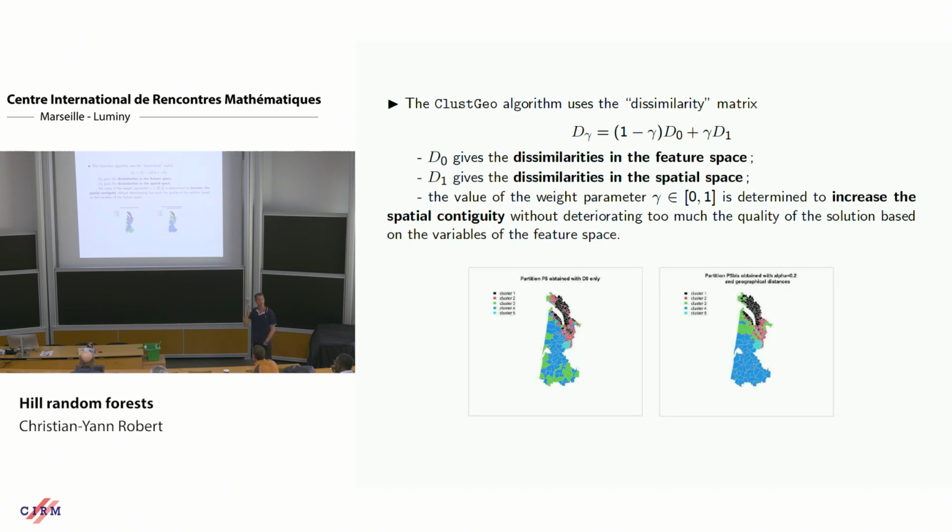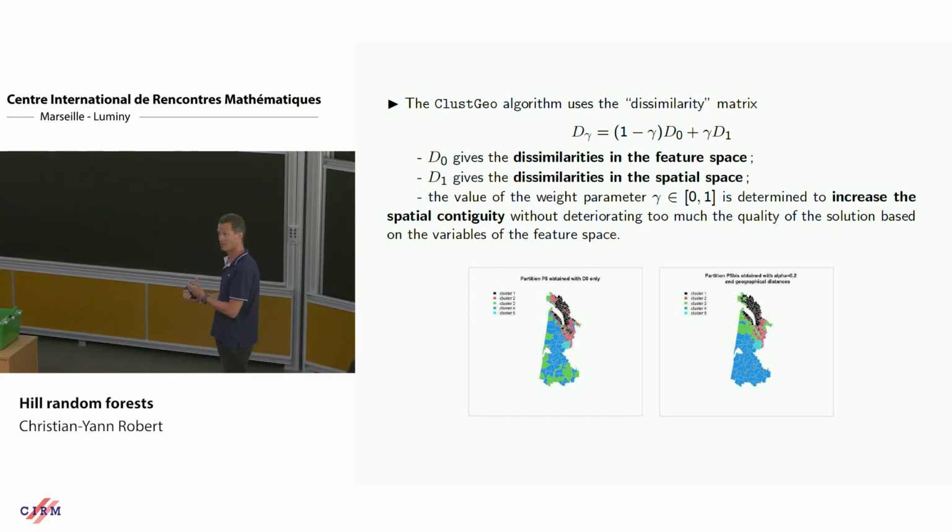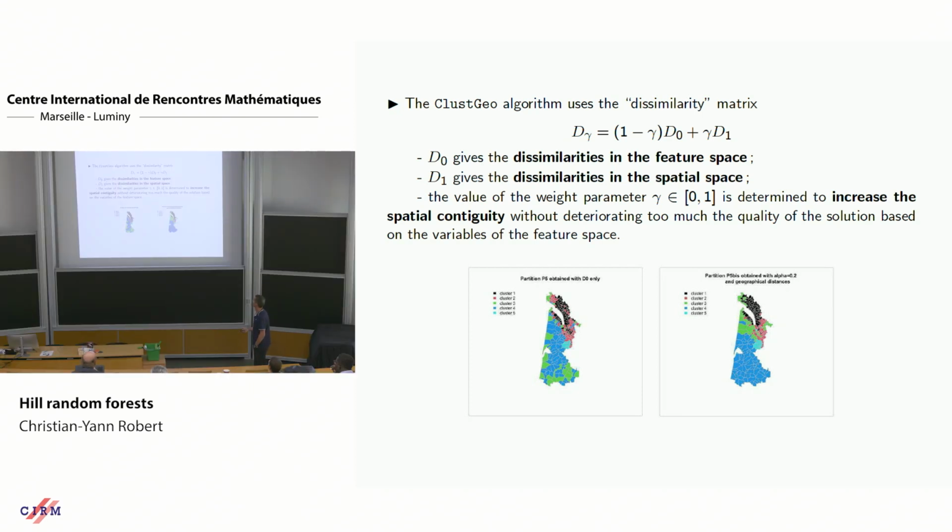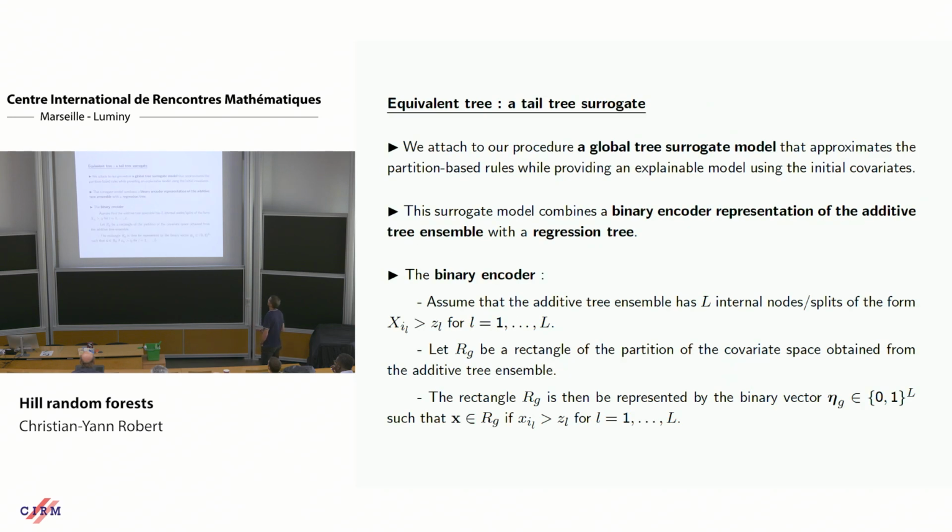And now you add a new dissimilarity matrix, which takes into account the distances between the rectangles that you want to aggregate. So you can put more or less weight to have more or less connected clusters as the final step of your clustering algorithm. Gamma is the weight between these two dissimilarity matrices, and you also have to choose this value.